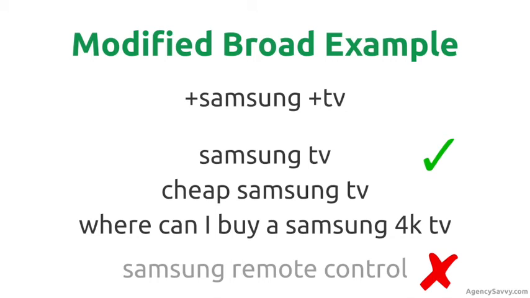Someone's searching for Samsung TV parts. We don't want to show ads to them. So part and parts might be good negative keywords. Second hand, vintage, used, broken down, or see a doll's house TV or something weird like that. You can start to think of all of these sort of crazy things that people could be typing in, but you do not want to show them ads. That's where negative keywords come in.